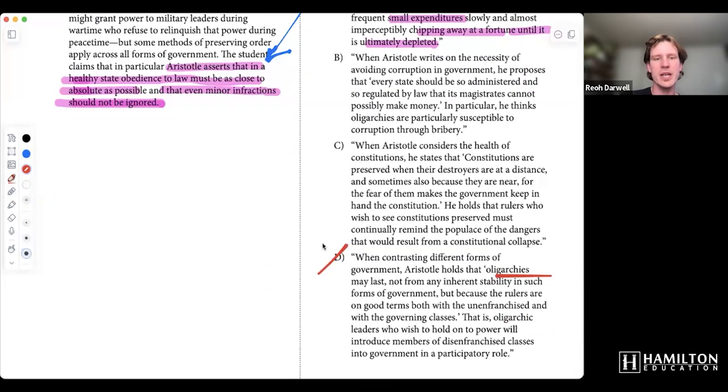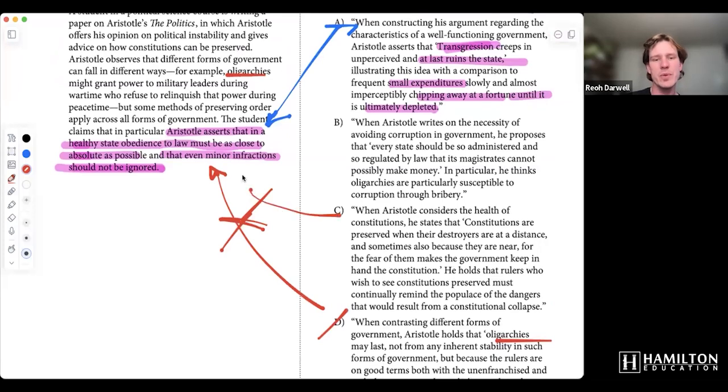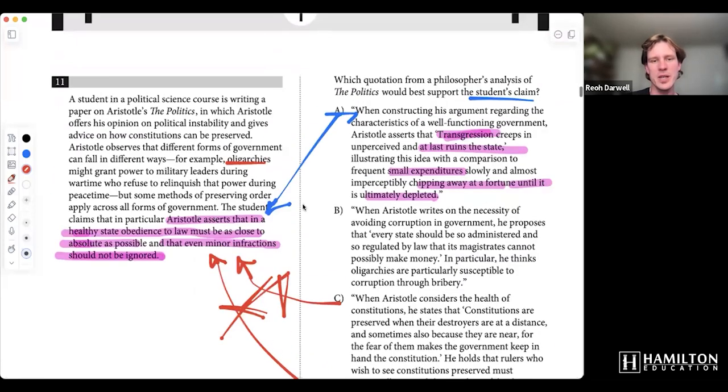But this doesn't connect to this, all right? Our students' claim about how breaking laws leads to the dissolution of a state is not connected to D. All right. Same with C. C is not connected to this claim, though it seems to be connected to some degree with this here.